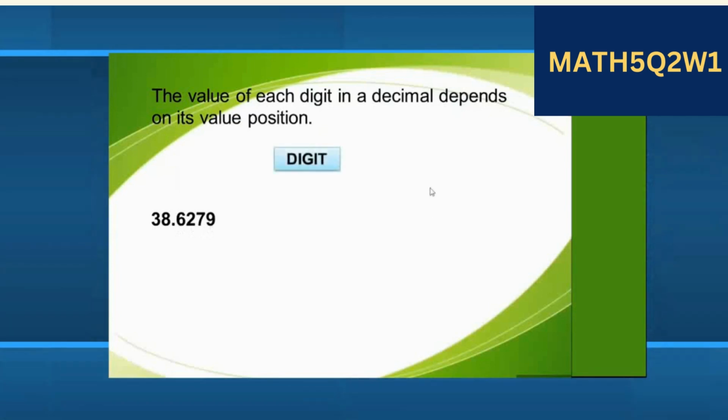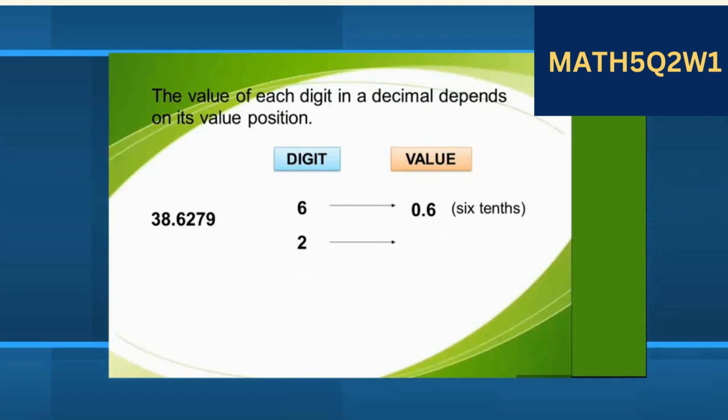Now, let's identify the value of each digit. For digit 6, its value is 6/10. This is read as 6/10 because the place value of digit 6 is tenths. Let's go to digit 2.